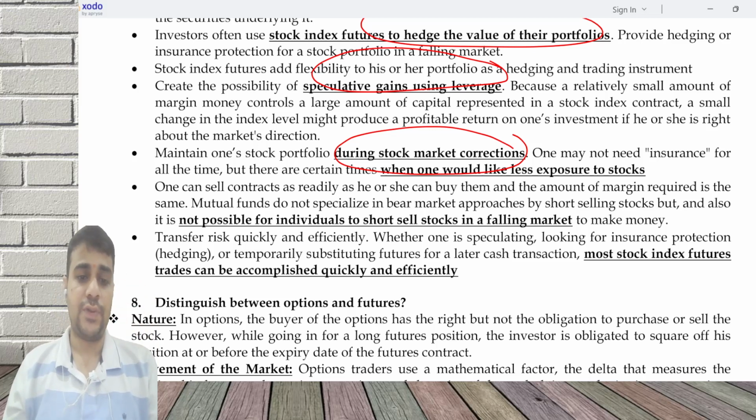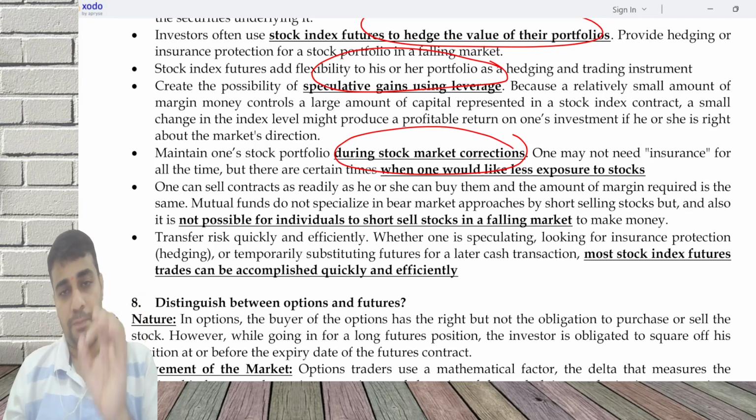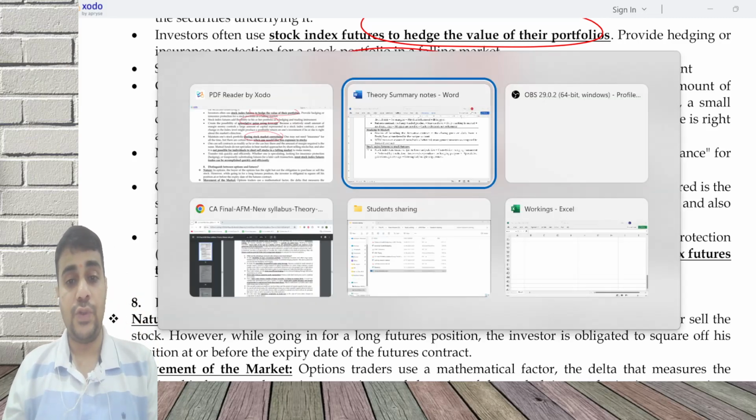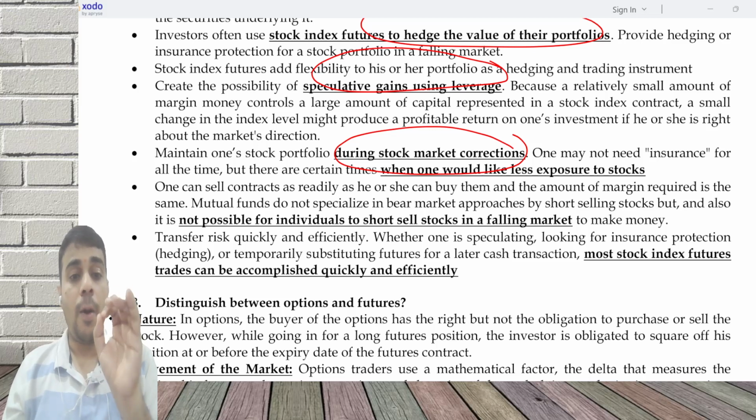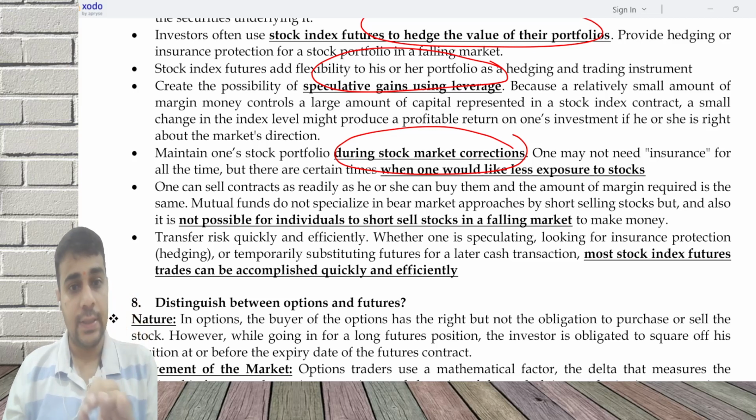Next, distinguish between options and futures. The primary difference is very simple. Futures gives you a right as well as an obligation to buy or sell. Option does give you a right but not an obligation. You get a right to buy in case of a call option, and you get a right to sell in case of a put option.